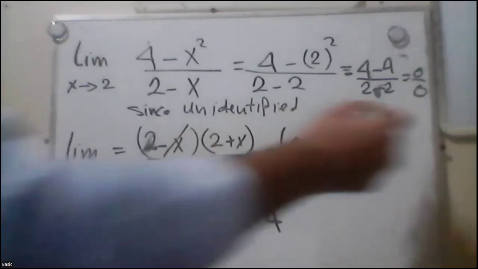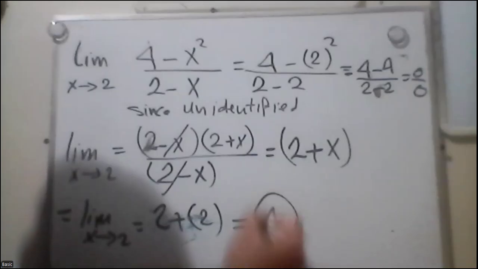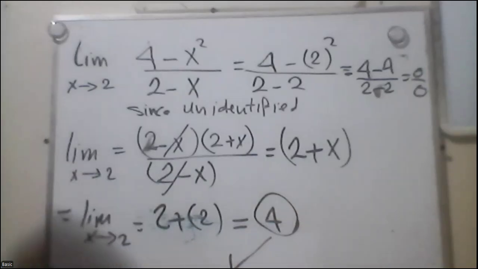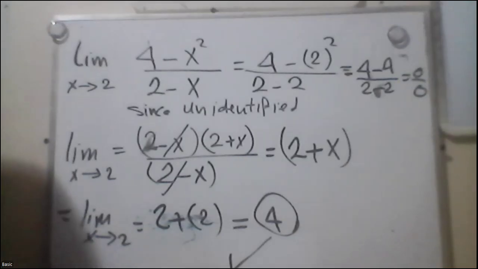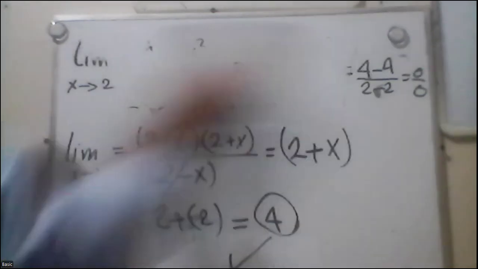As long as I got a value, not undefined, I have come to the end of the limit question. That is the second example about limits today. We'll go to the third example and see how we can solve it.